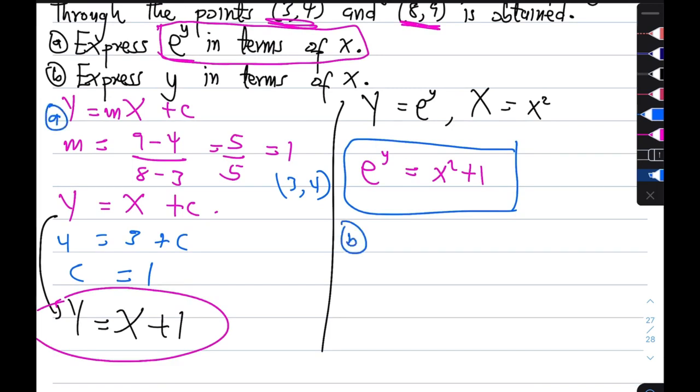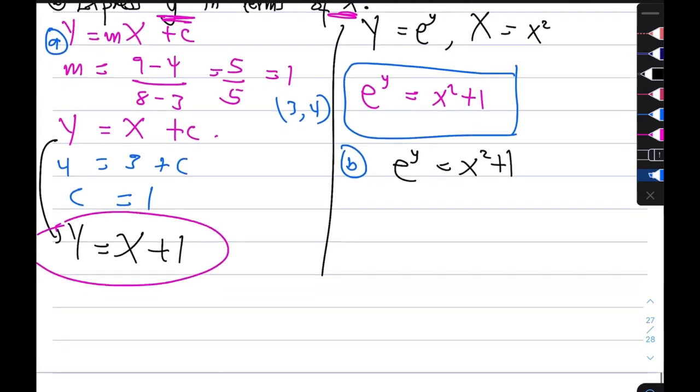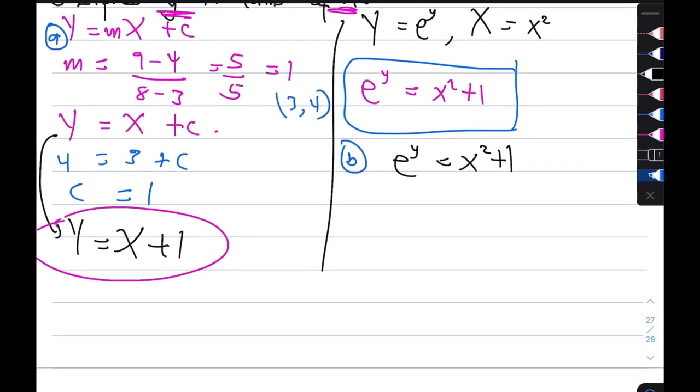B says that we should do what? It says express y in terms of x, so now make y the subject. Okay, so if you are going to make y the subject, we have e to the power y is equal to x squared plus 1. Since it's an exponential function, just take the ln of both sides.